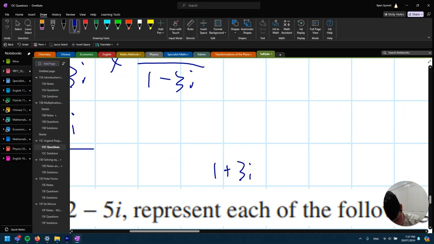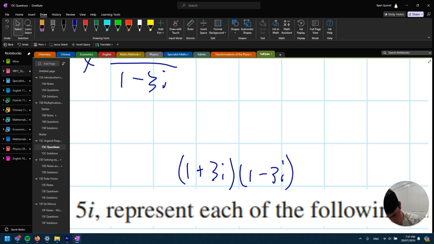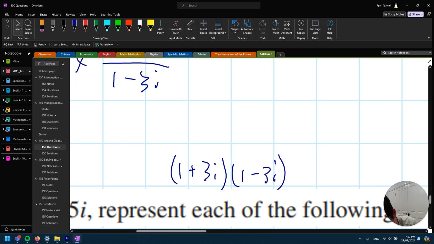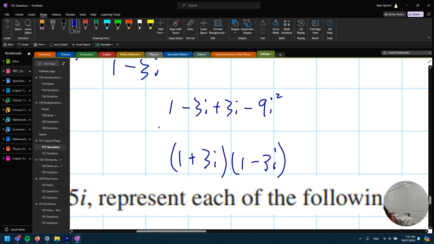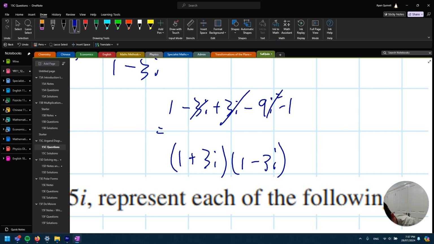1 plus 3i times 1 minus 3i. 1 times 1 is 1, minus 3i, plus 3i, and then minus 9i squared. Those two cancel. I squared goes to negative 1. Then we're left with 1 plus 9 equals 10.